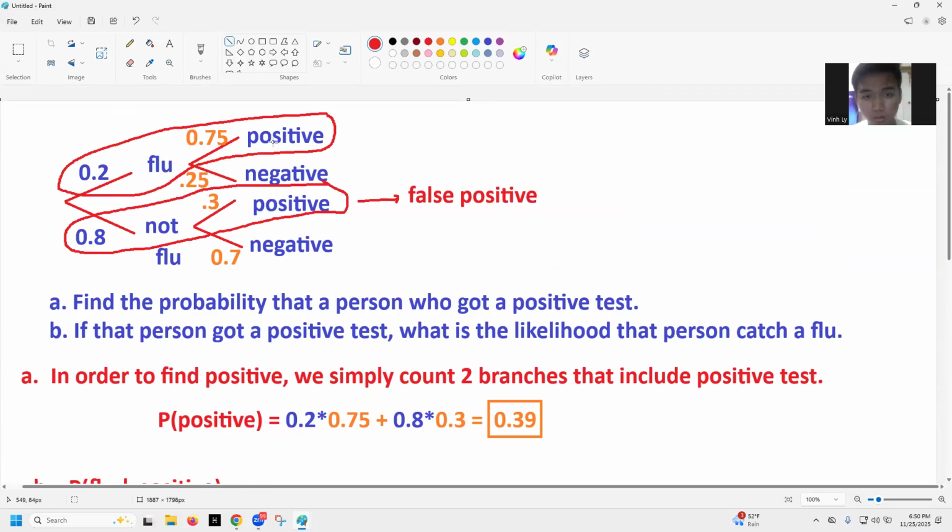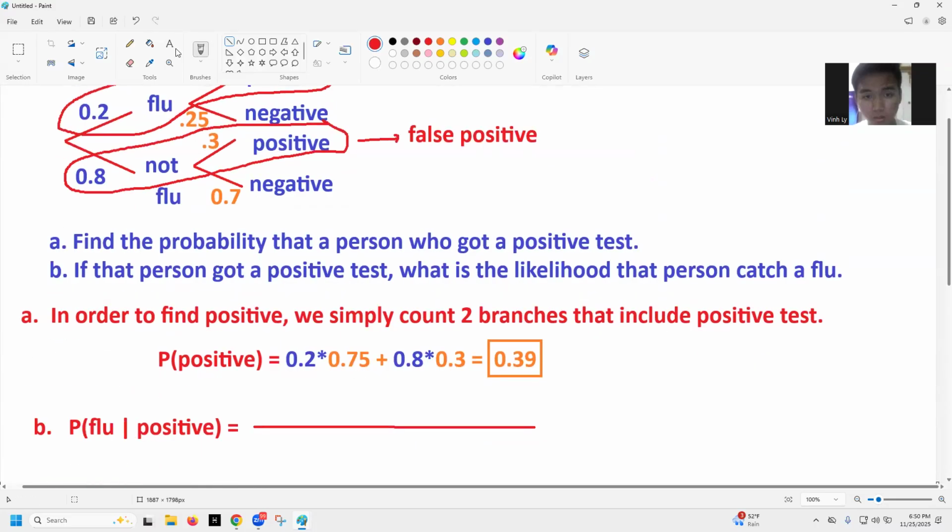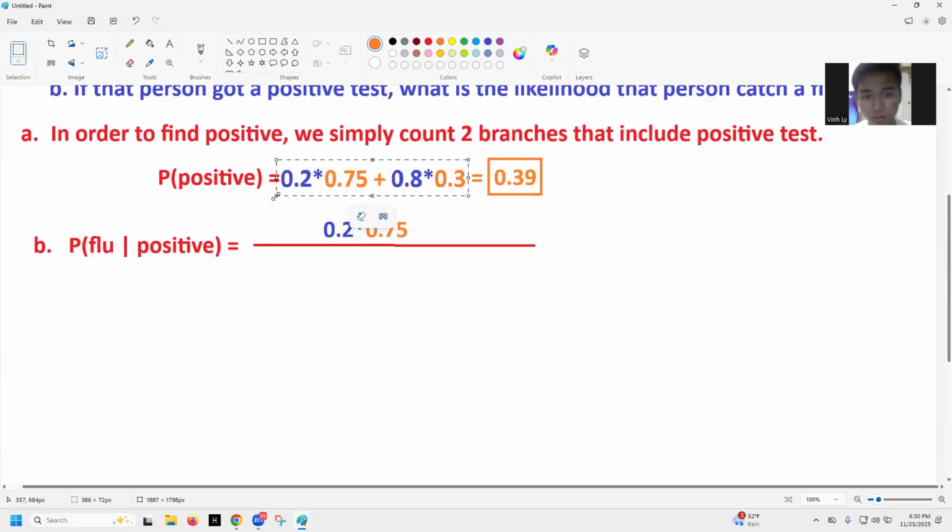The first branch, correct? So that's going to take into account the first branch, 0.2 times 0.75, over the sum of these two branches, which is 0.2 times 0.75 plus 0.8 times 0.3.